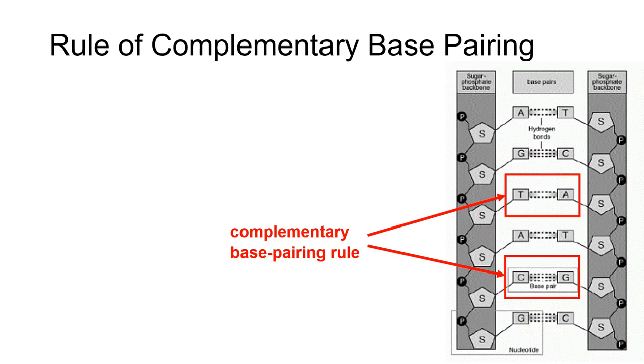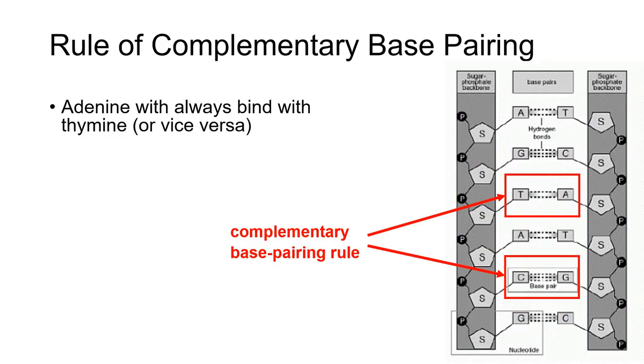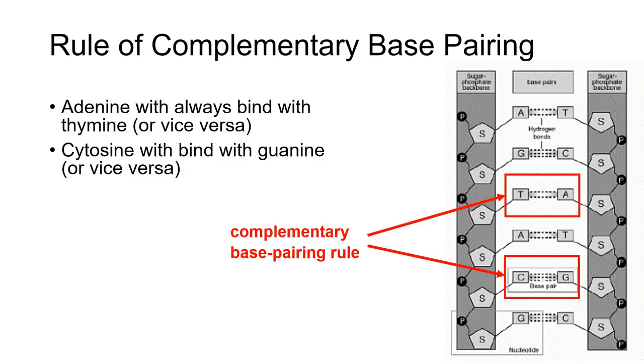We call this the complementary base pairing rule. This is the same for all, and if they are not bound in this way, the DNA will not work. The DNA will not be able to be consistent throughout, which we will talk about in future under mutation. So adenine will always bind with thymine, and cytosine will always bind with guanine.